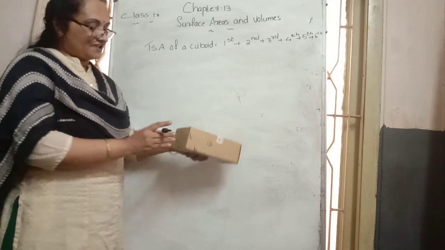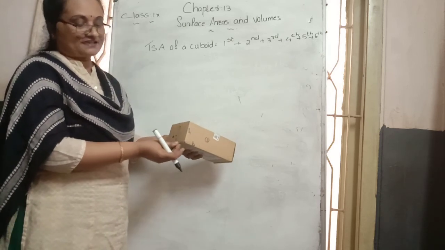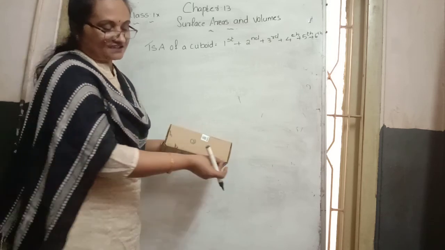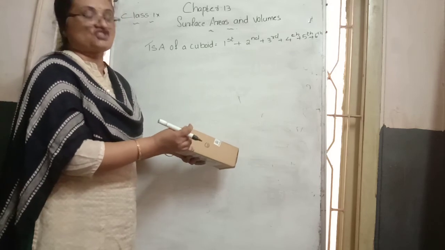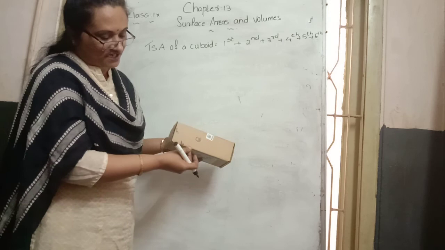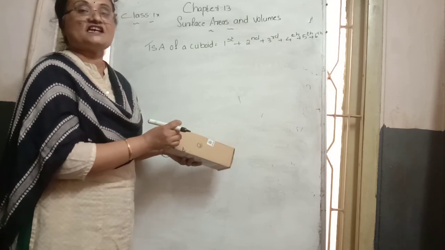Okay. Then see, in the rectangle, this line segment represents the length. This is our breadth, and this is our height. That's why I am marking this part as L, this part is the breadth and this part is the height.